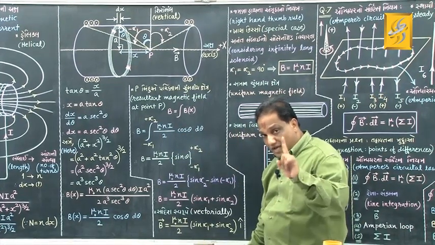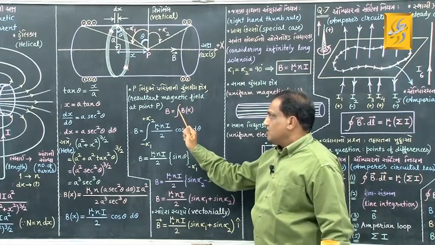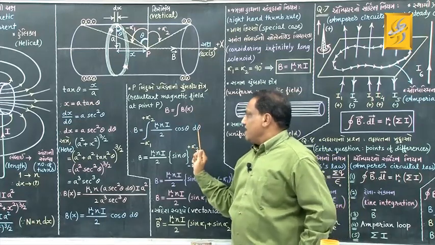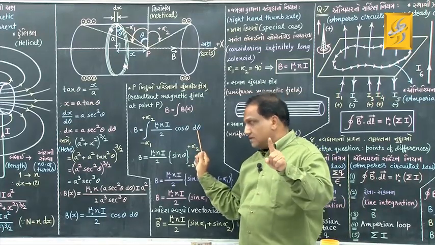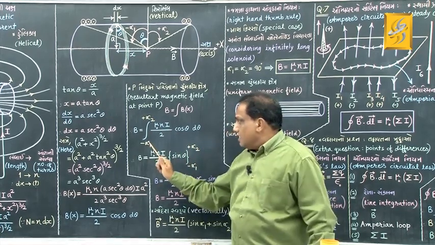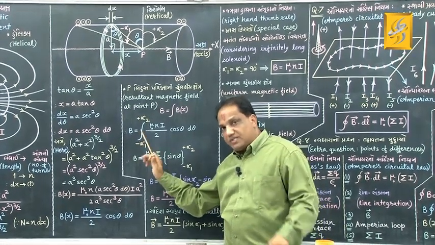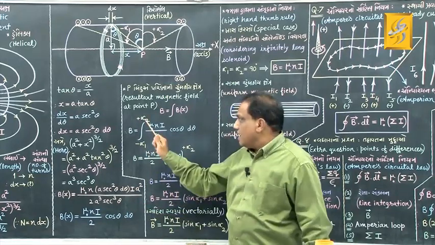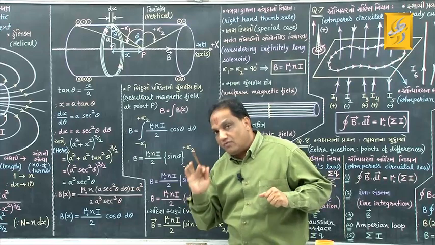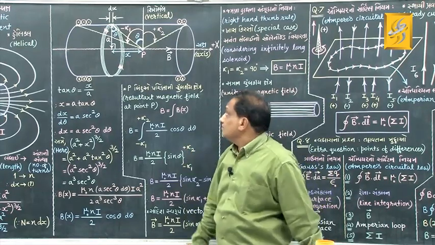But now take care how to put the limits of this integration. I am showing you. See here variable is in terms of theta. So you must specify the limits also in terms of theta. Lower limit of integration means smallest value of the variable, and upper limit of integration means highest value of the variable. Okay, how to find out those limits I am showing you.